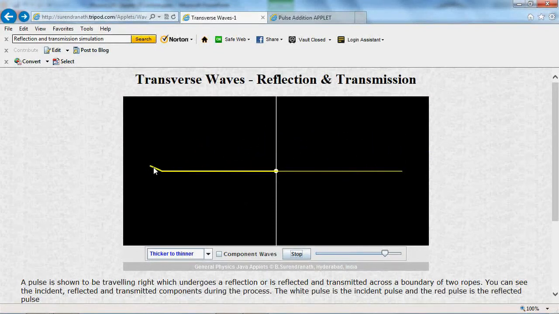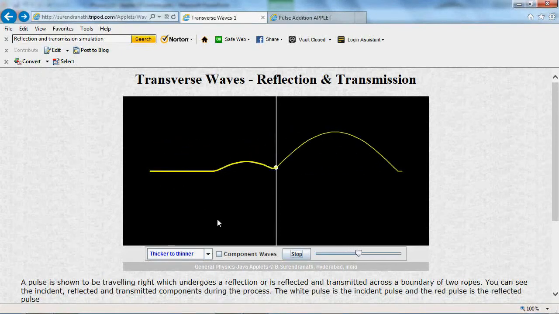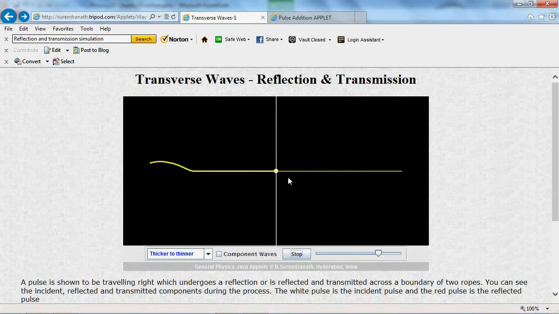The pulse on the thicker cord doesn't invert itself like it had with the thinner on the left-hand side. And notice too that your velocity is faster on the right-hand side with a thinner cord, for the same reasons that we talked about with the opposite type of cord.